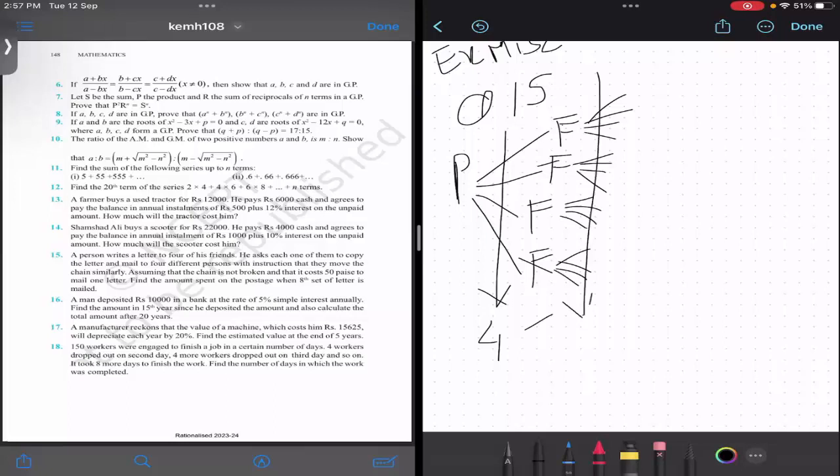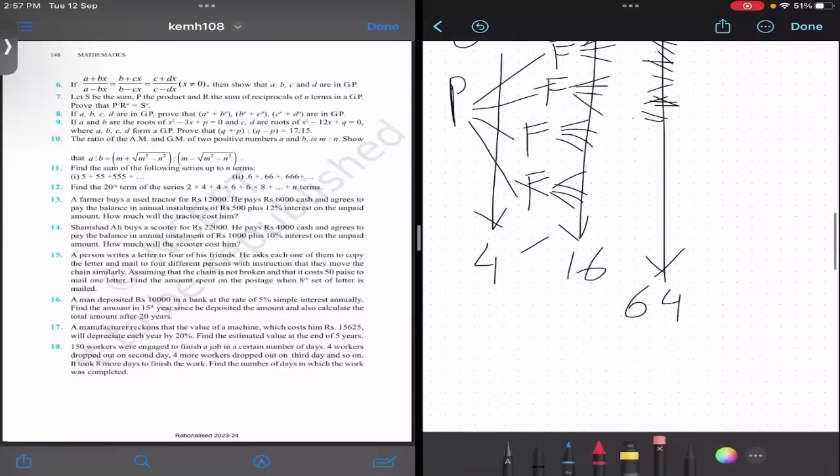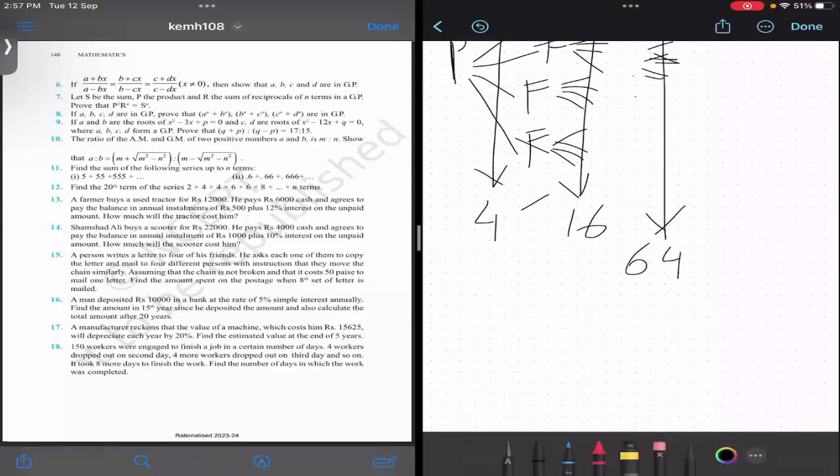This is going to come out to 16. Similarly, the next set of friends also mail out 4 letters each, and this is going to come out to 16 into 4, and that is nothing but 64 letters. So the number of letters mailed at each turn is going to be 4 power n, right?